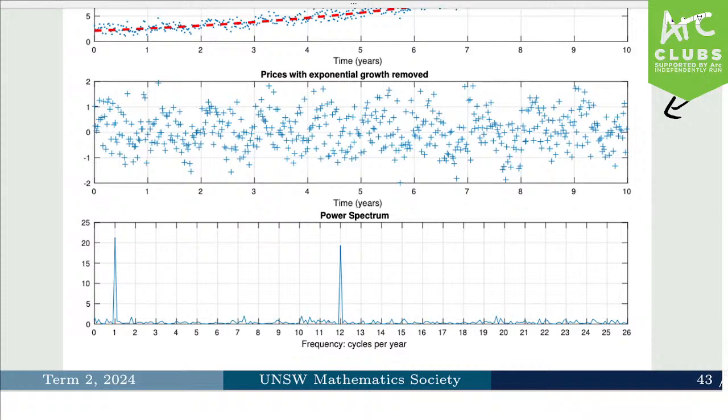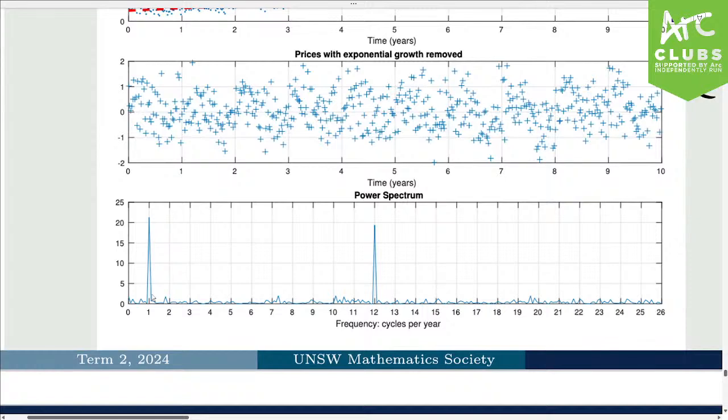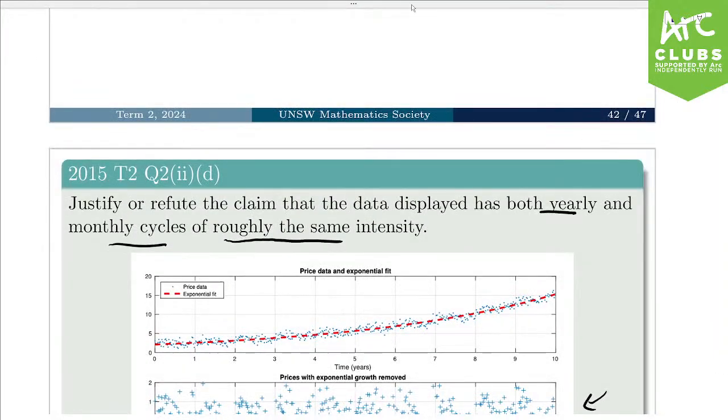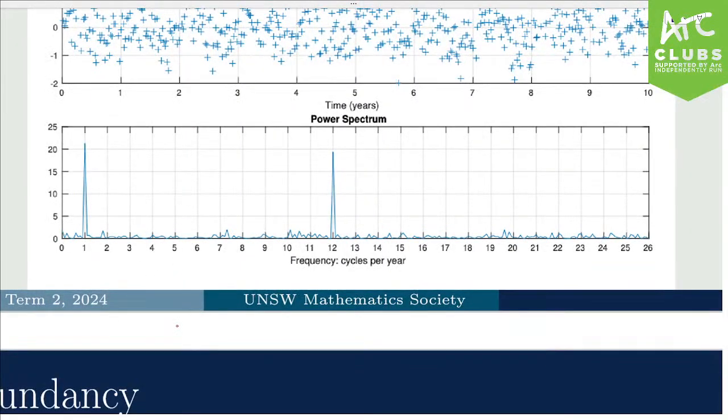So here it's cycles per year. There's a spike at 1, so there is a periodic component, so there are yearly cycles, once per year, and there are cycles that happen 12 times a year, so monthly cycles. So these first two bits are supported by this graph.